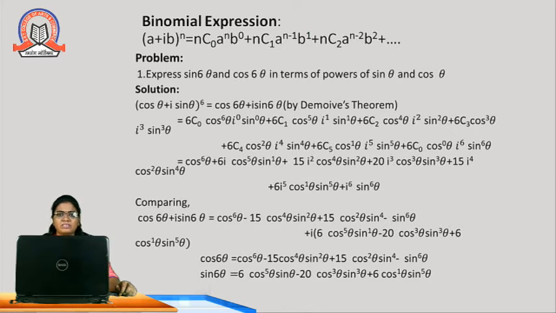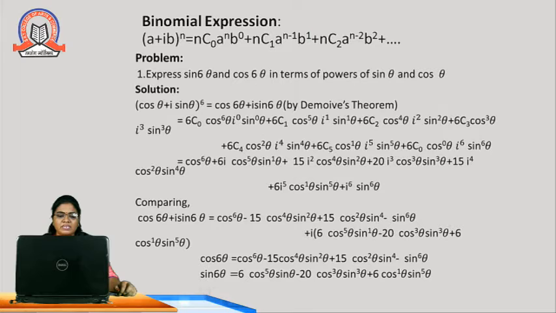Now substituting the values, 6C0 is 1, 6C1 is 6, 6C2 is 15, 6C3 is 20, 6C4 is 15, 6C5 is 6 and 6C6 equals 1. And the value of i^0 is 1, i^1 is i, i^2 is minus 1.